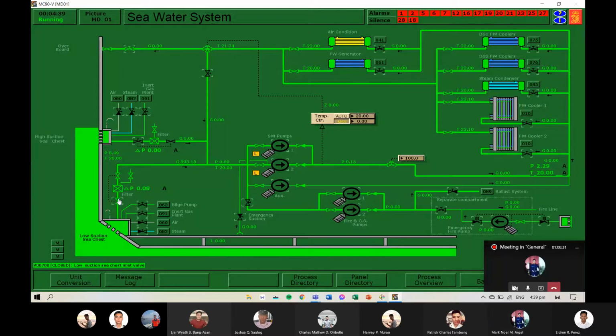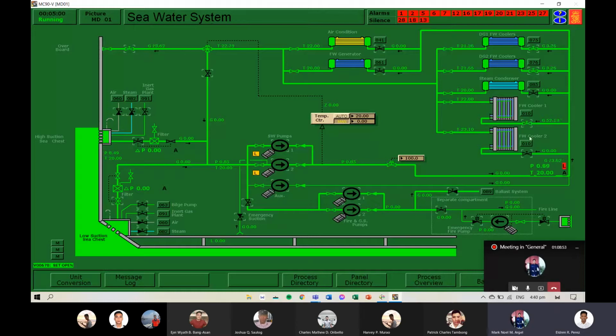Done. Open the diesel generator 1 and 2 freshwater coolers seawater shut-off valve, and freshwater cooler number 1. Done.